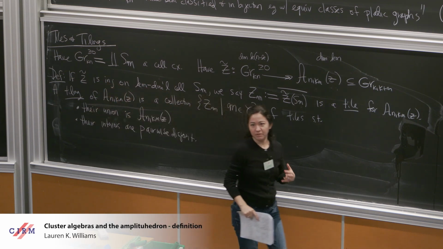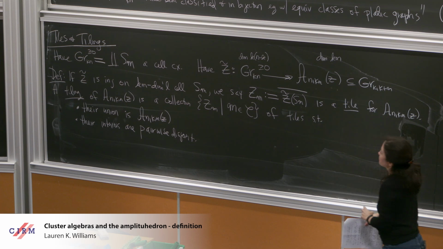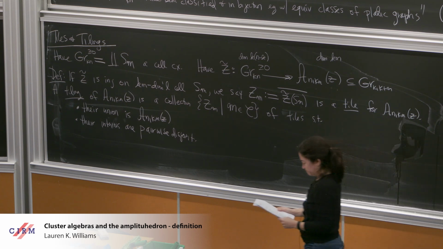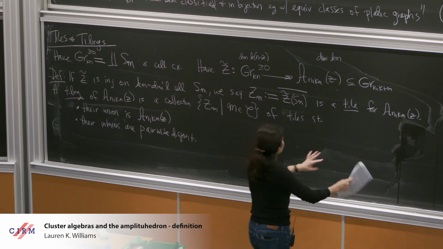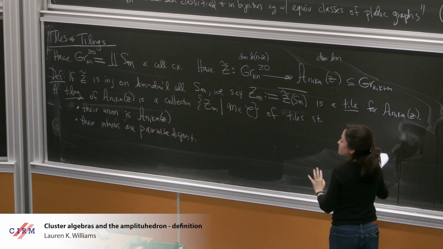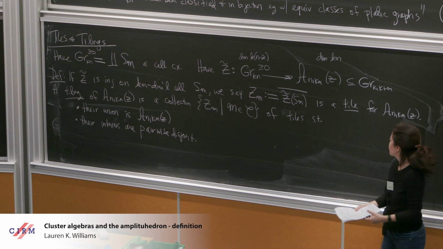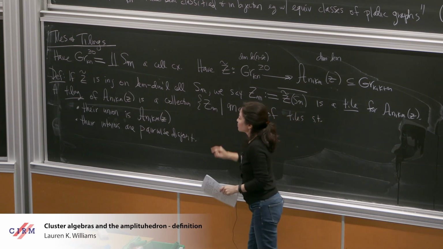So this is going to be our notion of triangulation. But there's nothing polytopal here, and there's nothing to do with simplices here. But this is how we would like to understand the amplituhedron.